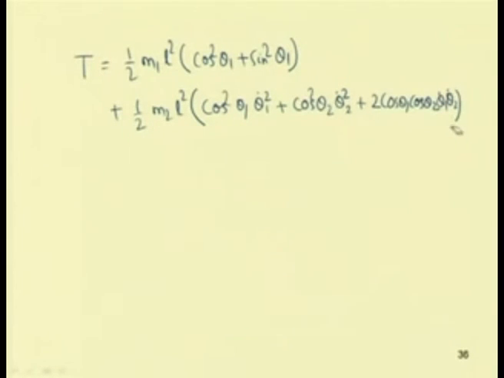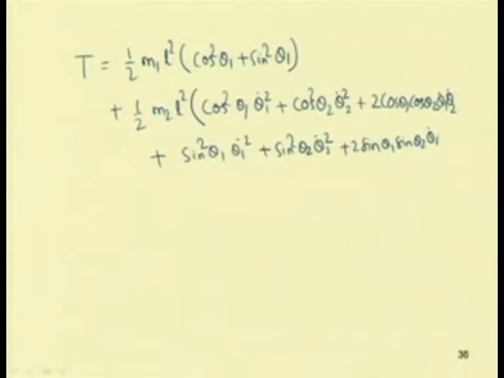This is from the i component. Similarly, from the j component you have sin squared theta 1 dot squared plus sin squared theta 2 dot squared plus 2 sin theta 1 sin theta 2 theta 1 dot theta 2 dot.